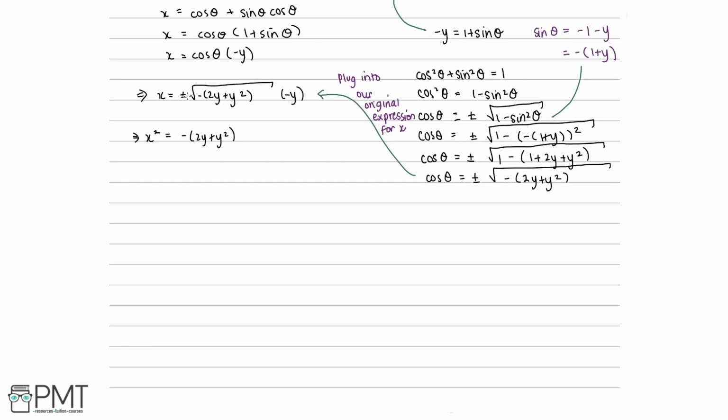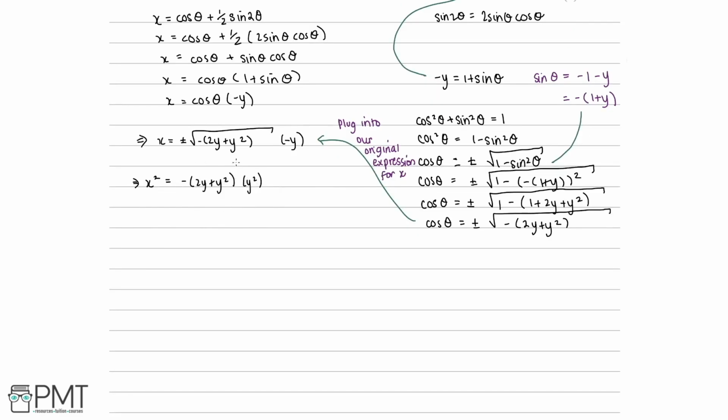It does not matter if it's the positive or negative square root, because if you square something, you're always going to get the positive term. So you're always going to get this term inside of the root in this case. Minus y all squared will just be y squared. So you're left with y squared multiplied by minus 2y plus y squared.